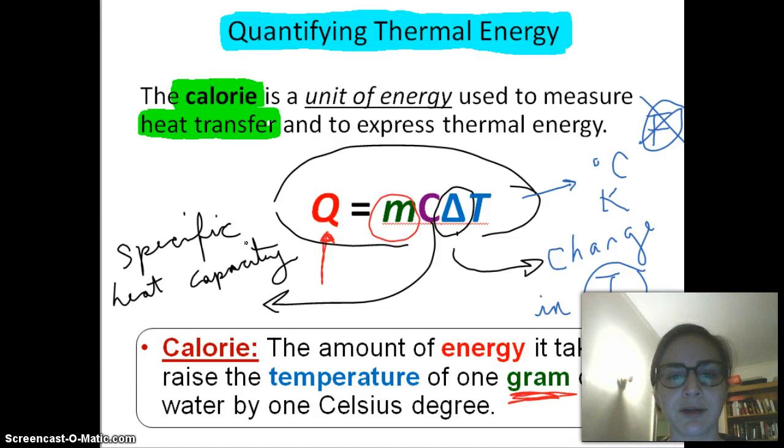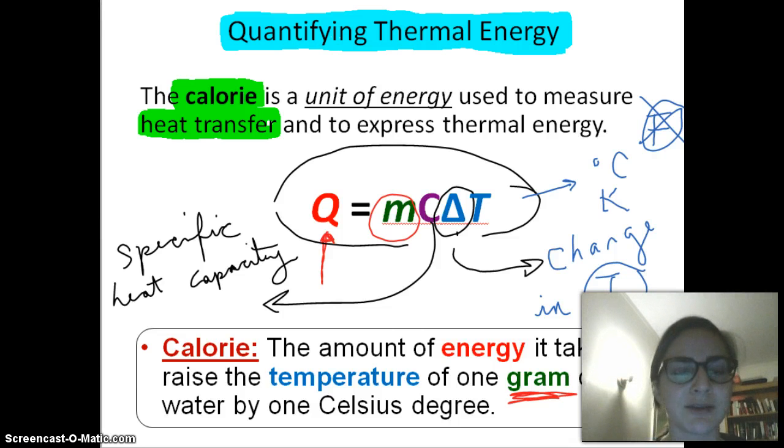So when you talk about the transfer of thermal energy and how much energy a substance gains or loses, it depends on the properties of that substance, which is C for specific heat capacity, the amount of the substance we have, M for mass, and the temperature change, which is delta T.